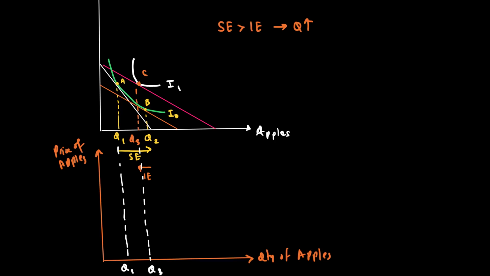So when I draw my diagram, let's say price previously was P0, I was buying this quantity A, and then when the price went down to P2, I'm buying B. So my demand curve will look like a downward sloping demand curve again, but very inelastic. So it's still a downward sloping demand curve.